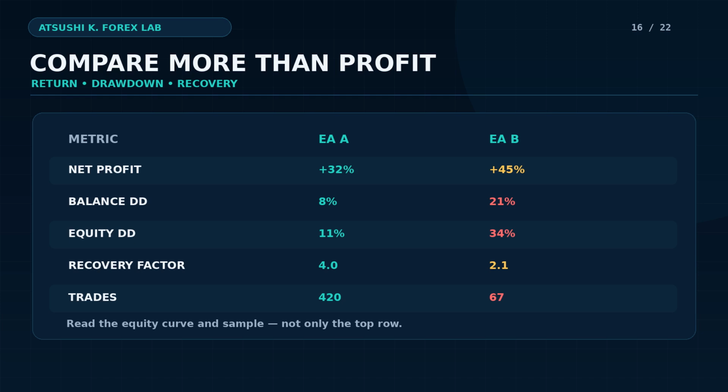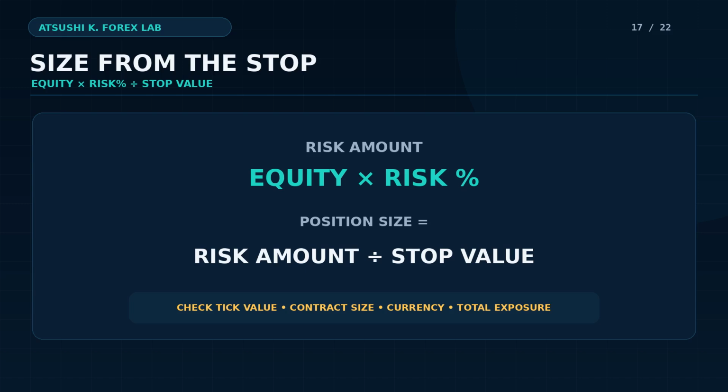A high value from a small sample can still be unstable, and balance drawdown can understate floating stress. I also inspect the equity curve, the worst losing sequences, exposure time, and whether a small number of trades created most of the return.